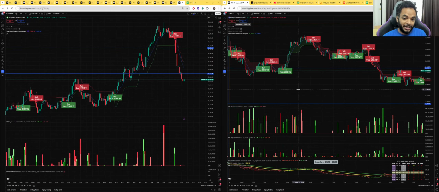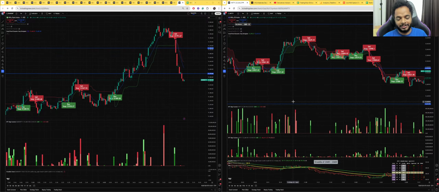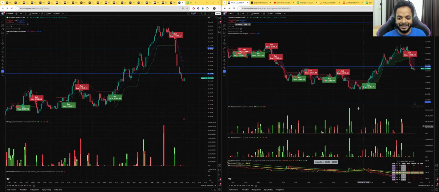As I told you, from the 23,600 strike price almost 200 CR of put writing happened, it went up, and then again 150 CR of call writing at the top, and then down, and our money flow was able to capture it. Here, almost 100 CR of put writing, 97, I showed you live, and again it went up.